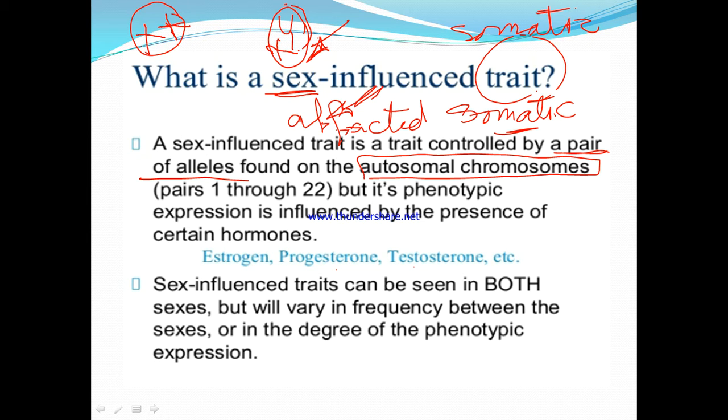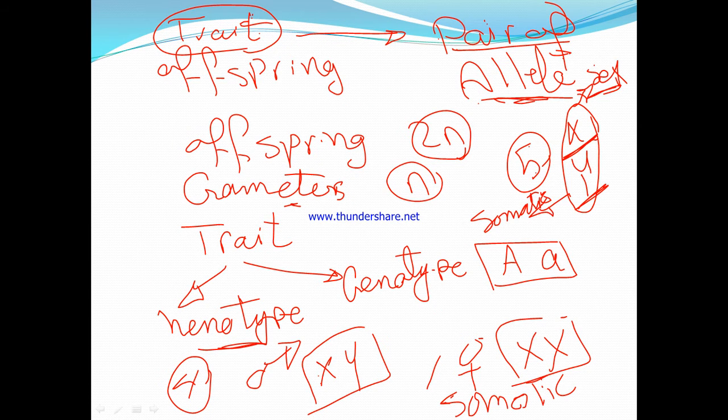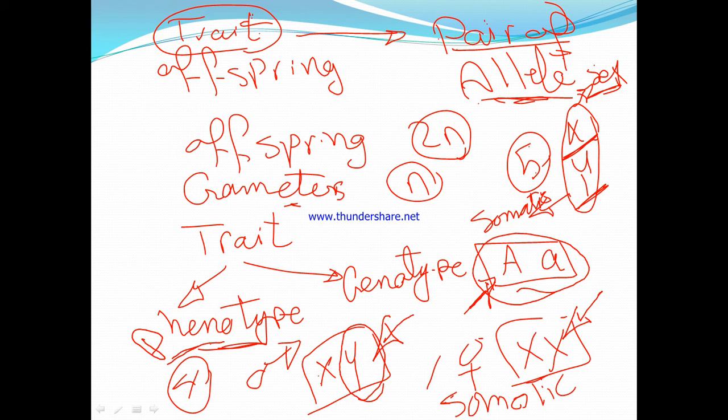So we can say that the genotype of this allele, which is represented by a pair of alleles, the genotype of a sex-influenced trait is represented by 2 phenotypes, one related to male and the other related to female, according to the presence of Y chromosome.